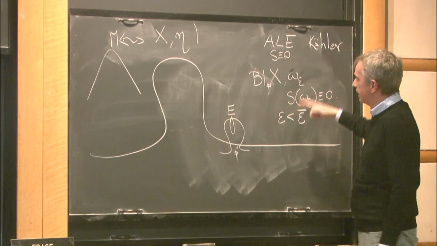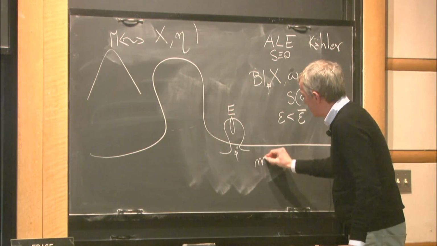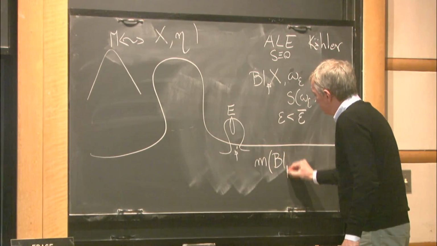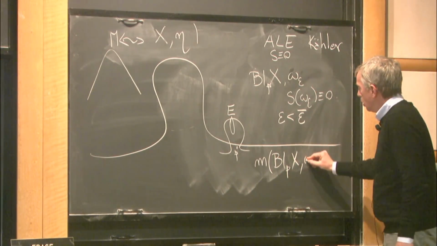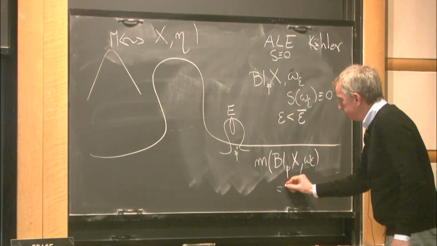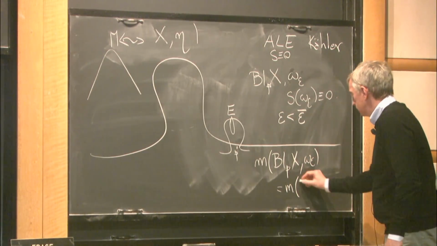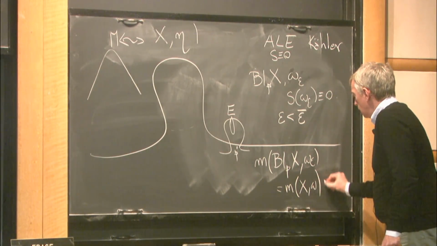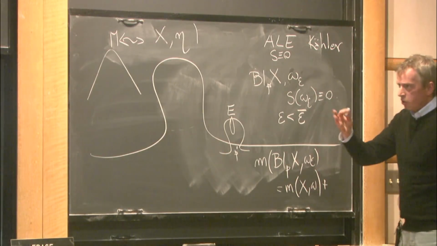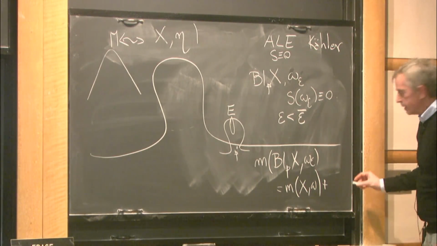All these are very classical. And what you get is that the mass of the blow-up with omega epsilon is the old one, essentially, plus epsilon. Now there will be normalization mistakes, but that's the point.